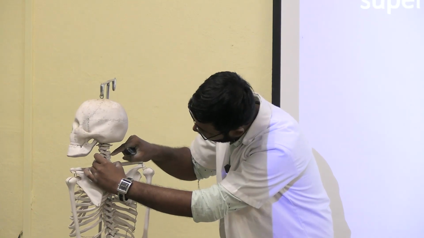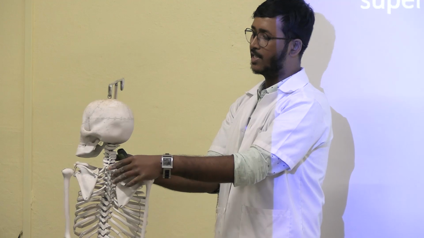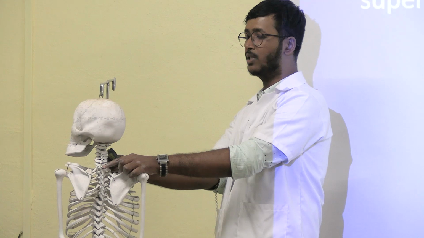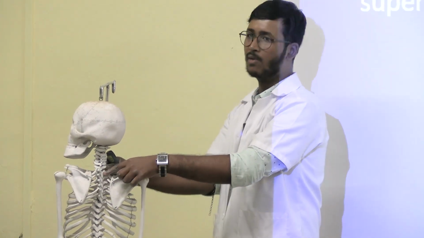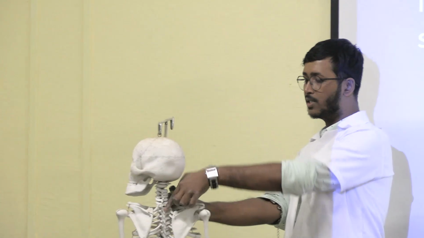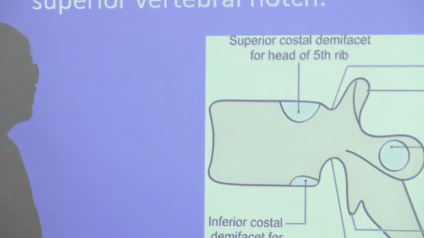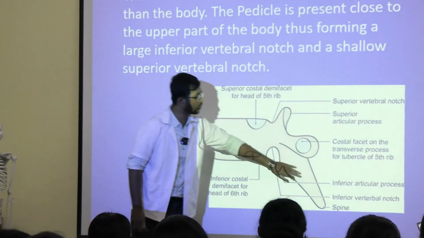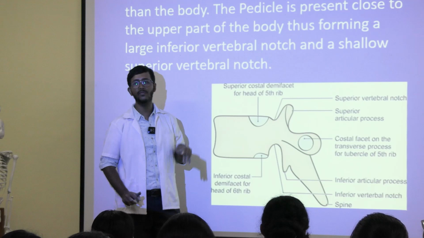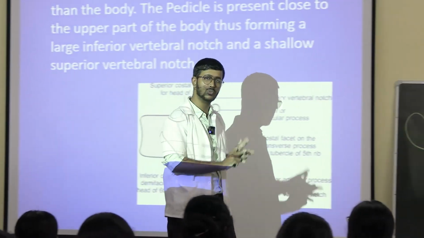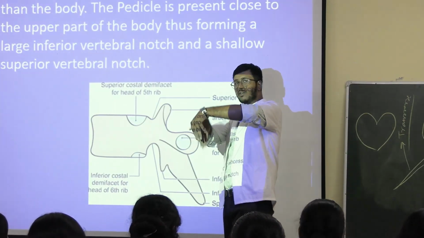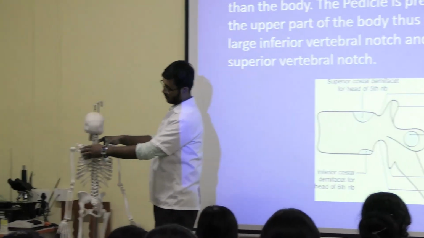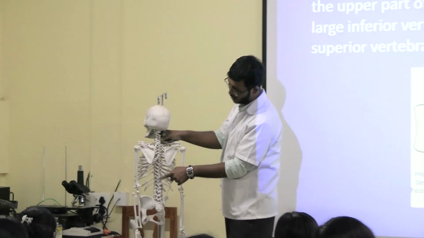C1, C2, C3, C4, C5, C6, C7. This C7 vertebra is more pointed, and just below it starts our T1 vertebra, whose spinous process projects downwards. In T5 to T9, the 5th to 9th thoracic vertebra, it is more vertically downwards, overlapping one another at the lower part.